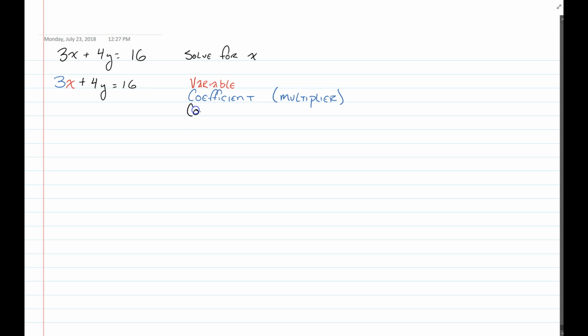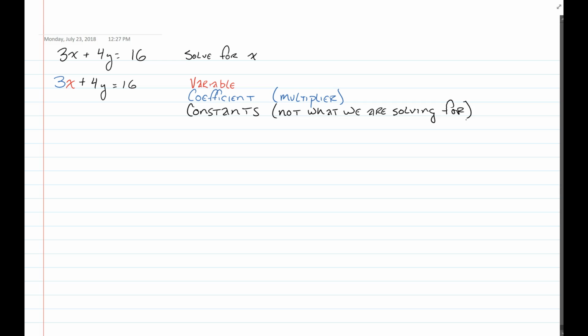Those, in this case, are our constants, because we are not solving for them. The constants are not what we are solving for.